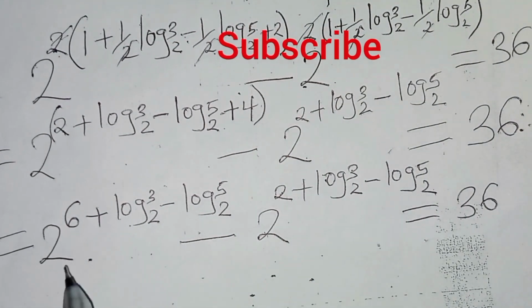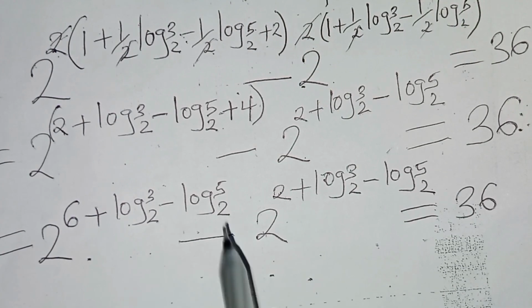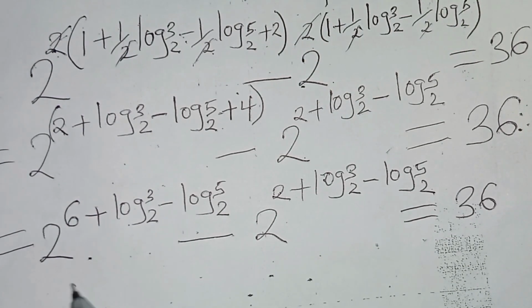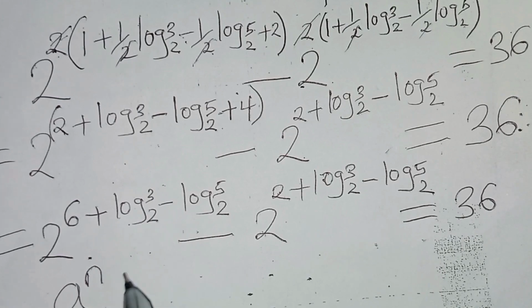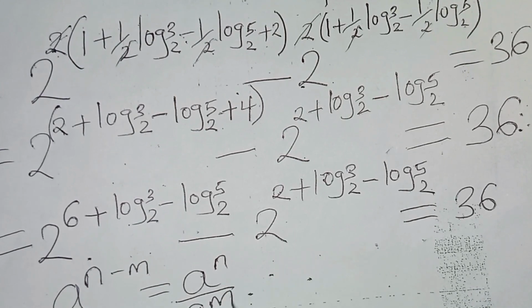The next step here, you find that 2 to power 6 plus log 3 to base 2 subtract log 5 to base 2 is actually in the form of 8 to power n subtract m, which we can express as 8 to power n divided by 8 to power m.